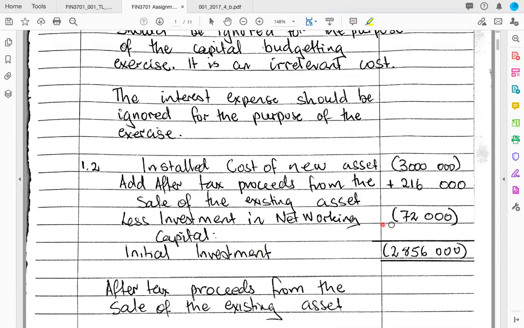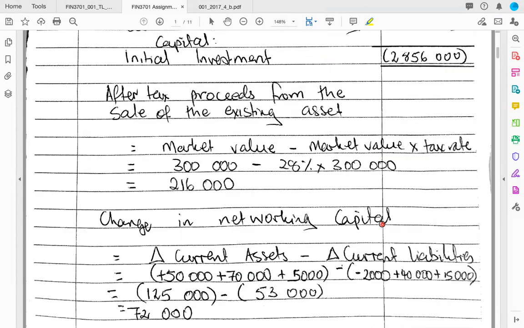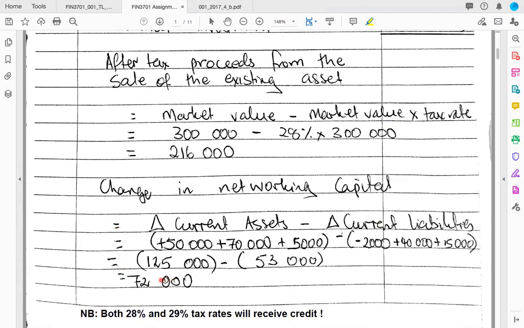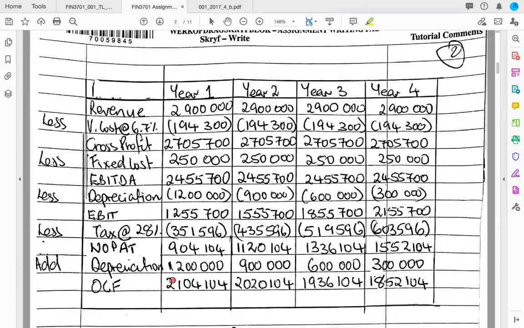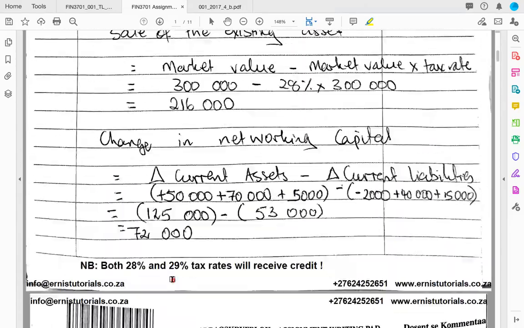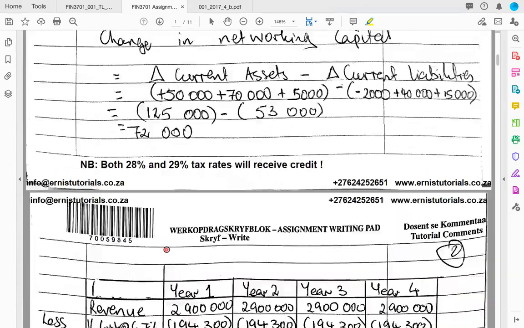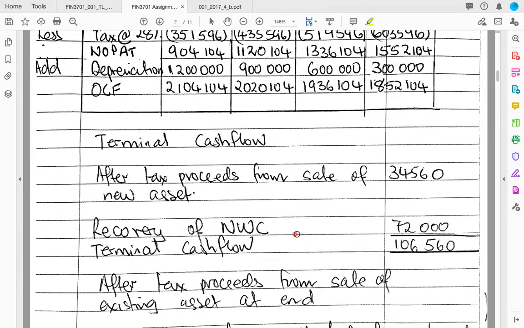We said money went out as a result of an increase in net working capital, right? At the end of the project, that money that went out, that 72,000, is going to come back. So we need to add it back as part of the terminal cash flow calculation.